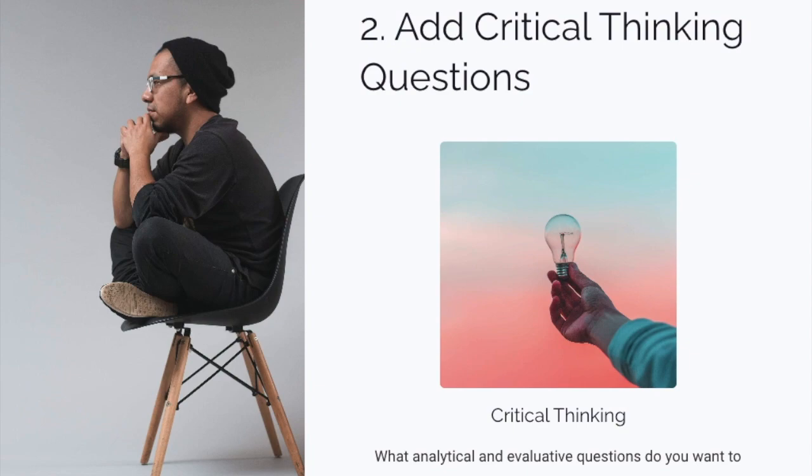How has it come about? How has it evolved? Who is it for? What are the advantages? What are the disadvantages, for example? So I start to apply these analytical, evaluative critical thinking questions to my writing. And if you need a reminder, make sure that you study that section in the course, in the critical thinking course.